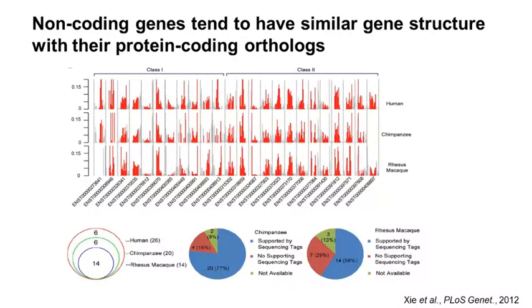To distinguish between these 2 possibilities, we first looked at the RNA-seq data in human, chimpanzee, and rhesus monkeys carefully to infer the gene structures. We found that the non-coding genes tend to have similar gene structure with their protein coding orthologs, including similar exon-intron structures and similar splicing junctions.